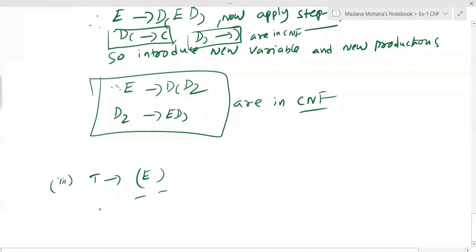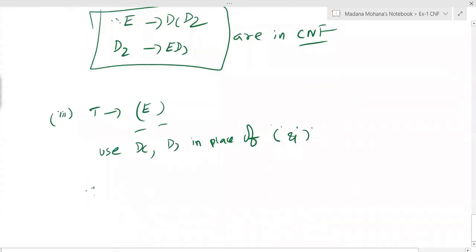So you can substitute, use D left brace and D right brace in place of left brace and right brace. Therefore, T derives D left brace, then E D right brace. Again, you can see three variables are there. Whenever splitting variables, that can be done using step 3. Whenever terminals are replaced by variables, you can apply step 4.